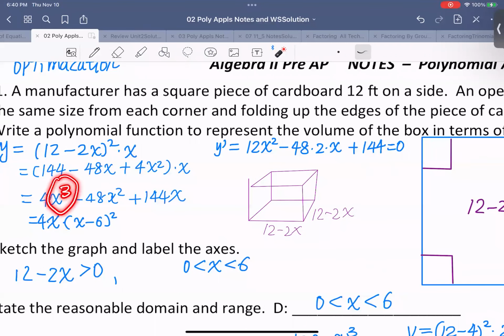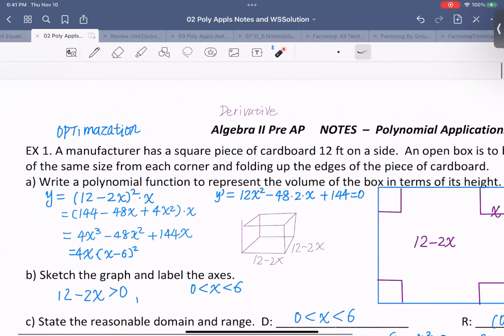So x cubed derivative will become 3 times x to the power of 3 minus 1. Then your 4 times 3 gives you a 12, and then x squared. So this term's derivative is this. That's something called the power rule.